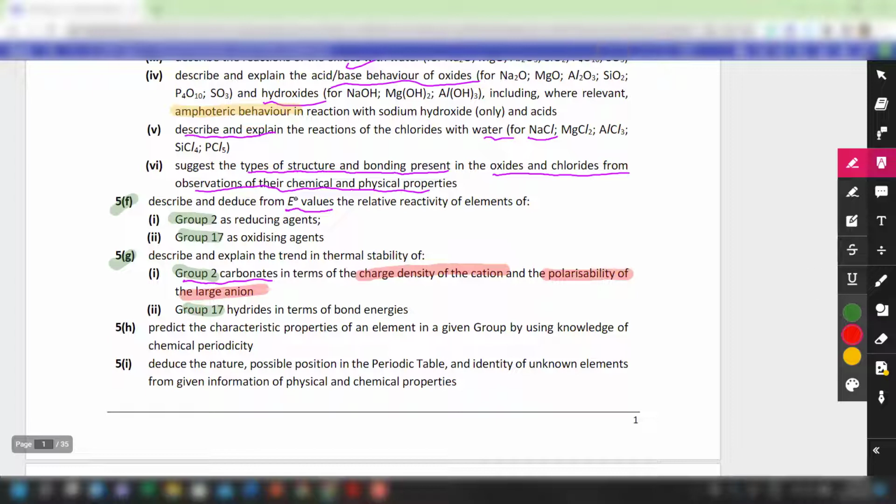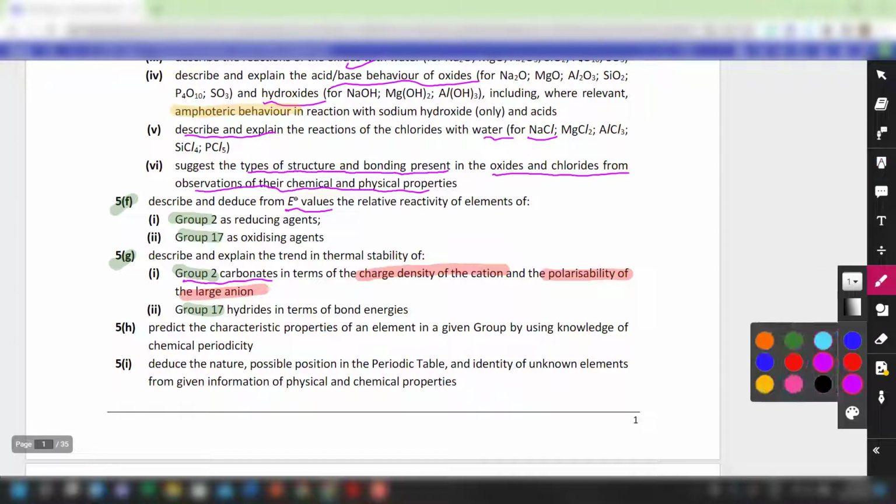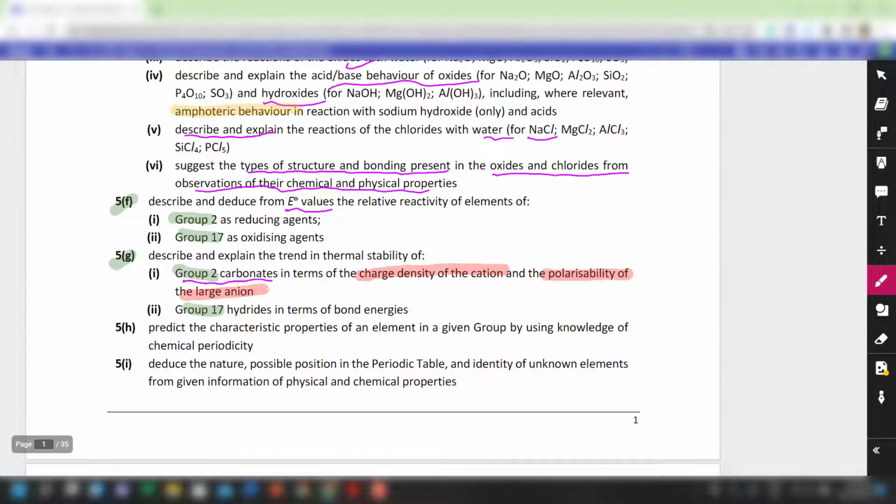So you need to discuss the polarizability of the large anion. Yeah, so basically high charge density cation will distort the electron cloud of the anion, and in the process weakens the critical covalent bonds within the anion and cause it to decompose. Okay, you need to be able to come up with explanation related to that.